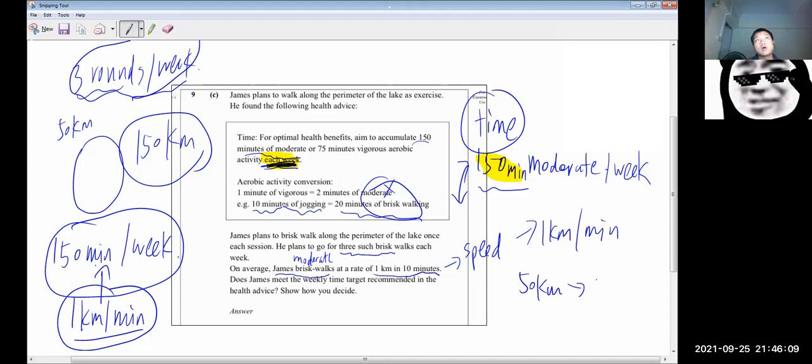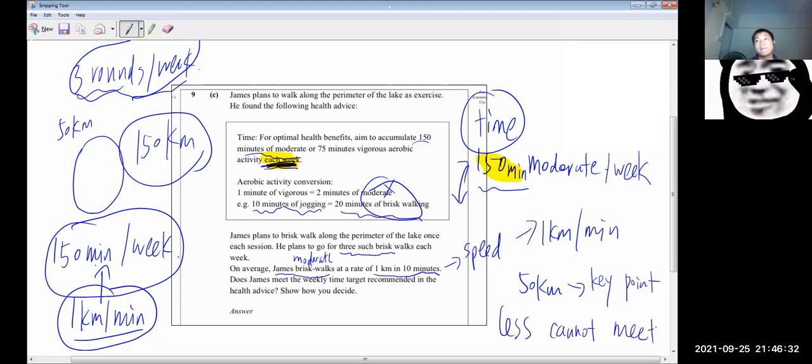We call this the key point. If less, cannot meet.